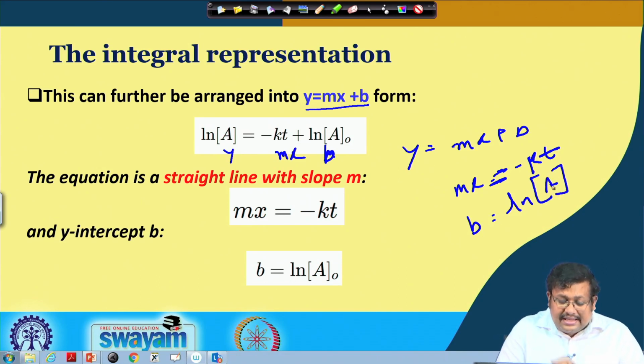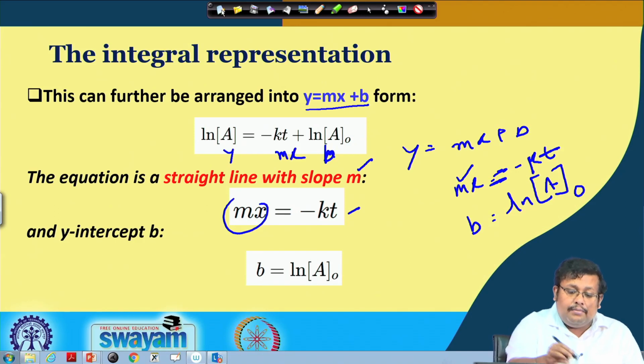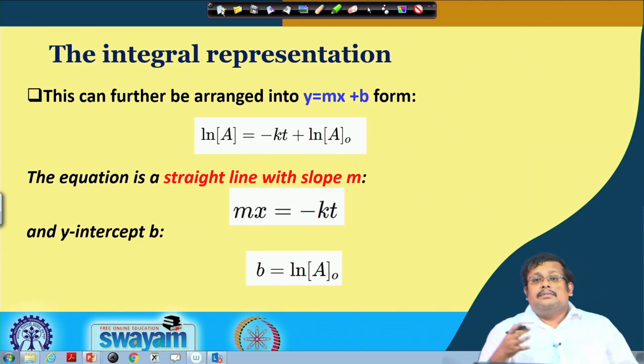So, from here we can see that the slope m, if we consider m as slope, then mx is basically minus kT as we have seen, and the y intercept b is basically log of A0. Summarily, this equation can be represented in the form of a straight line.